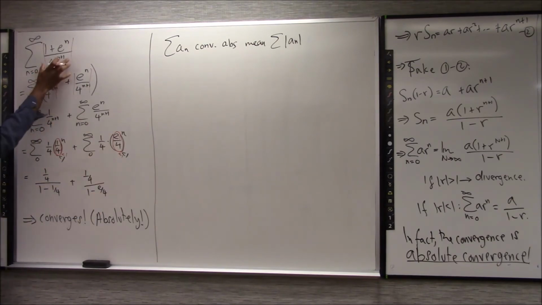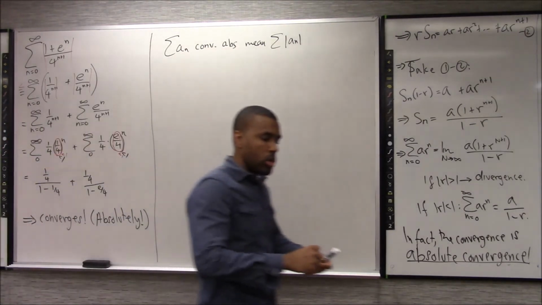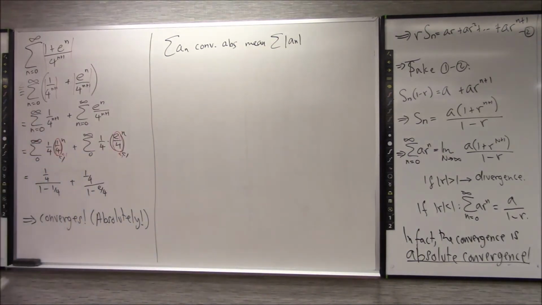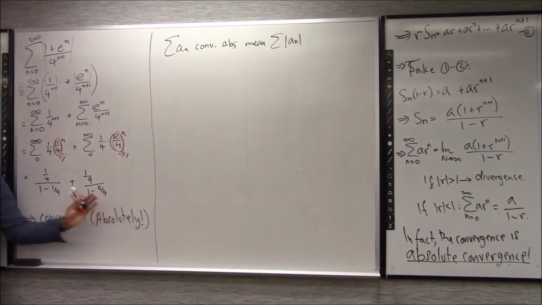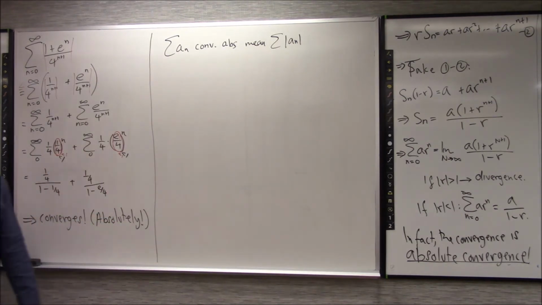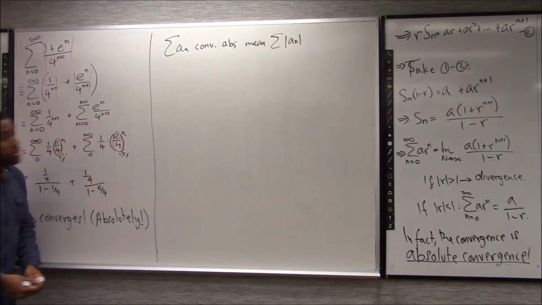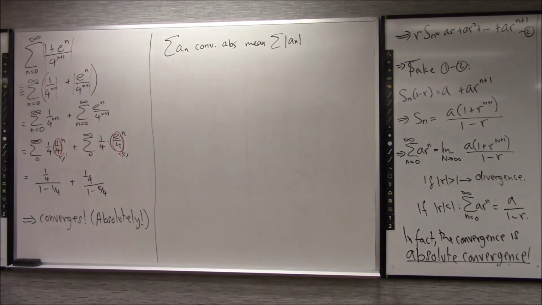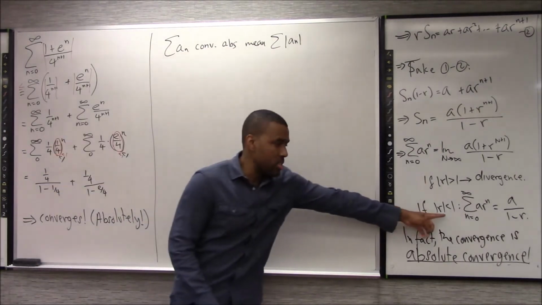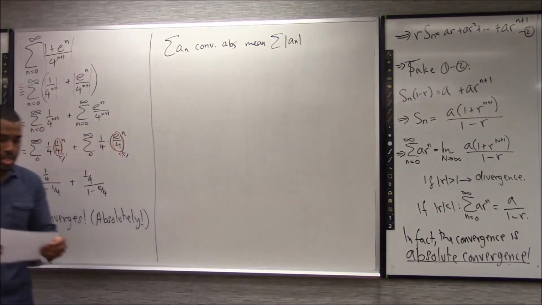Technically, if I put the absolute value around this, it would be less than or equal to that, but you'd still get convergence using something we call the comparison test. So absolute convergence literally means put absolute values around each term and then do a test to see if it still converges. In the geometric series, we don't actually care about the signs. Once our magnitude is less than 1, that's all we care about. The signs don't affect it.